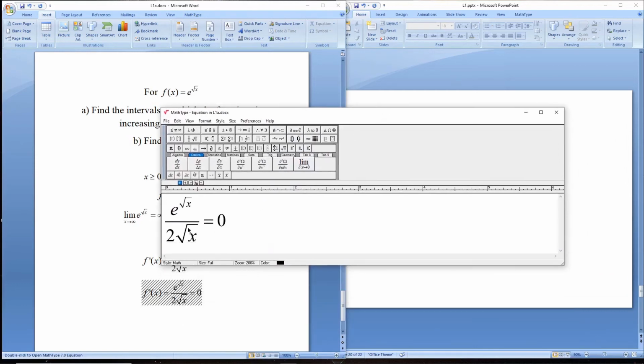And I want to stress this again because this is a common mistake students make or forget. You can't divide to get an output of 0. The only way we can get this 0 is from the numerator.